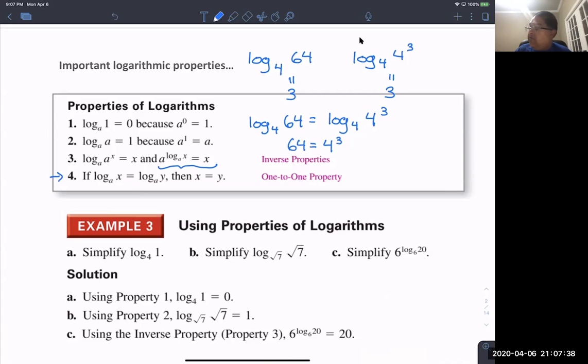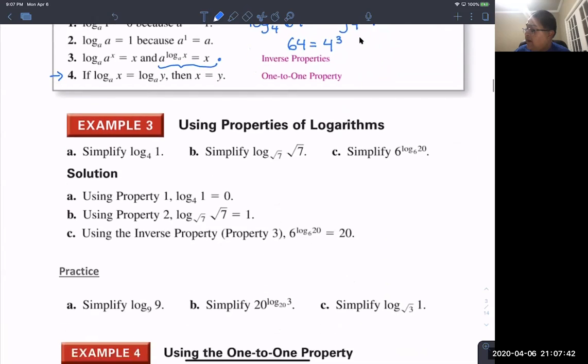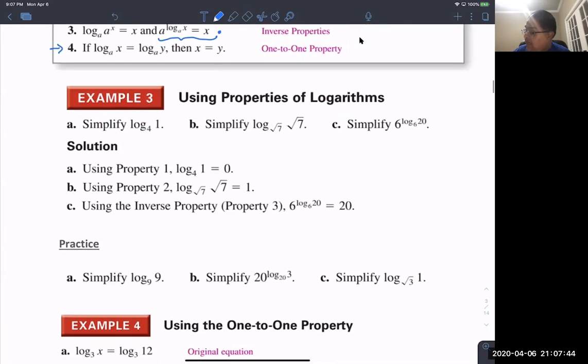Now let's come back to the original one, this one right here. And I'm going to show, again, by an example, what this property says. Let's say, for example, I'm taking 7 to the log base 7 of 49. Remember, an exponent can be any number.